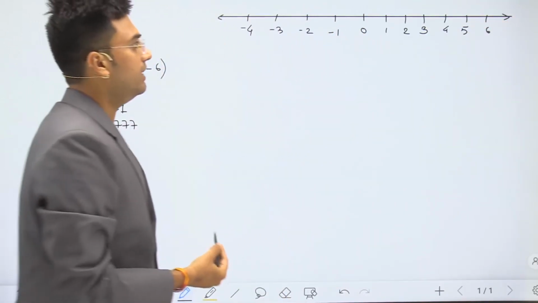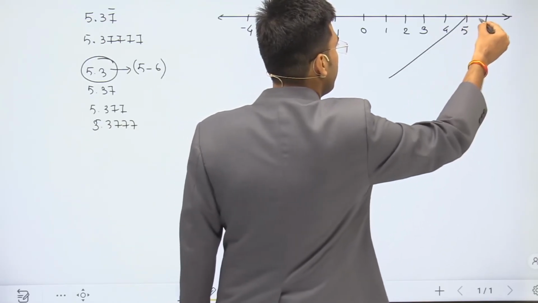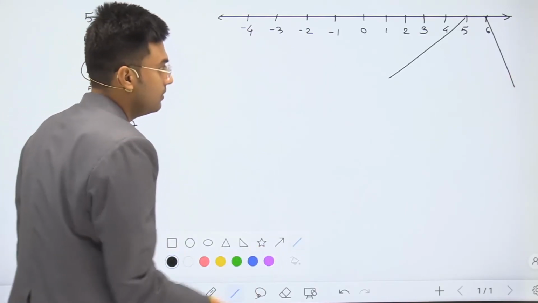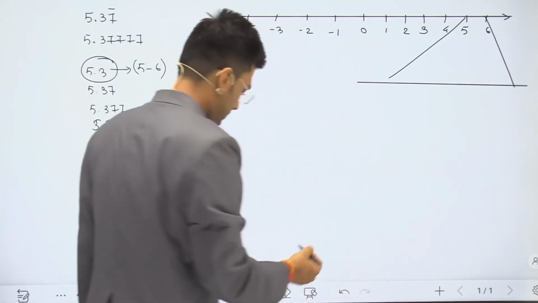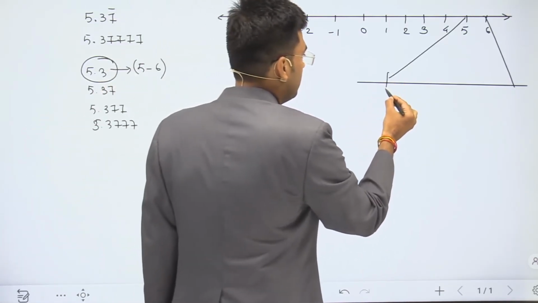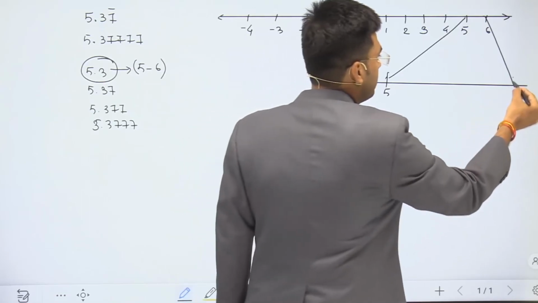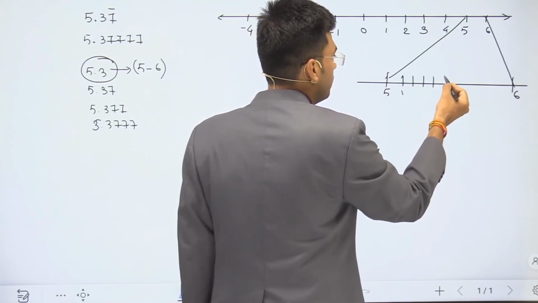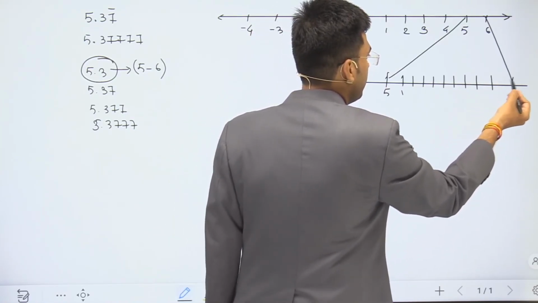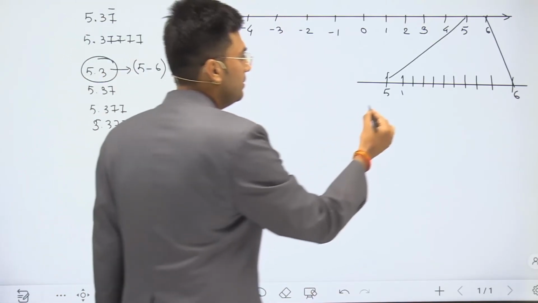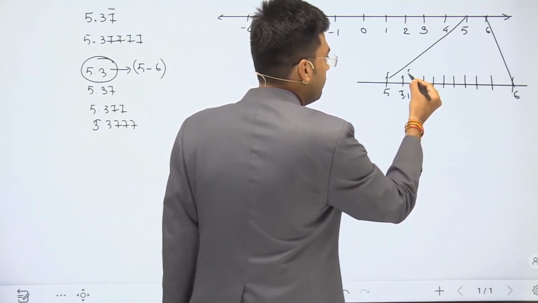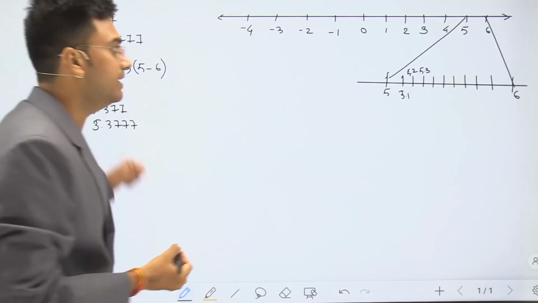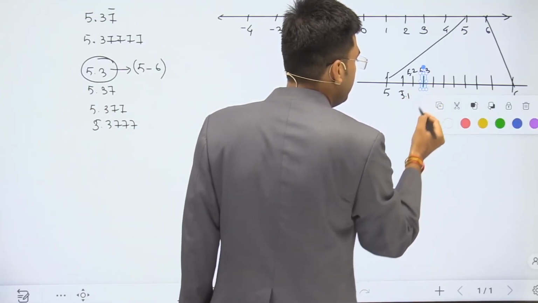We have to divide 5 and 6 into 10 equal parts. This is 5 and this is 6. This is 1, 2, 3, 4, 5, 6, 7, 8, 9 and 10. So it is 5.1, 5.2, 5.3, and we represent 5.3 here.